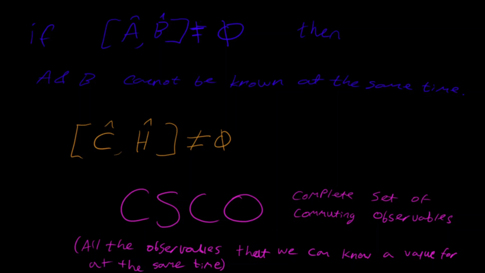One of the consequences of having this kind of interpretation is on experimental accuracy. You might think, well, we just haven't come up with a device that can measure the hardness without messing with the color, or a device that can measure the color and not mess with the hardness.